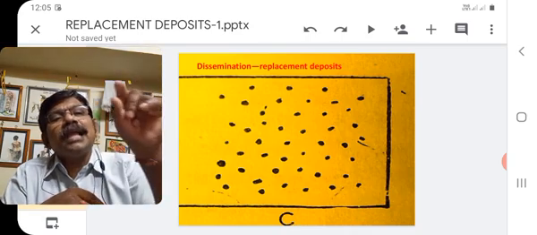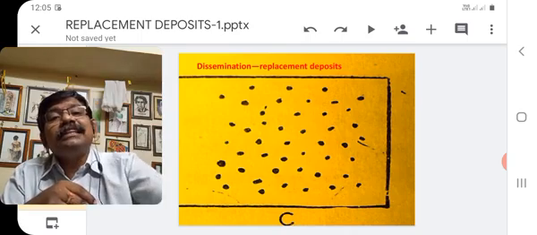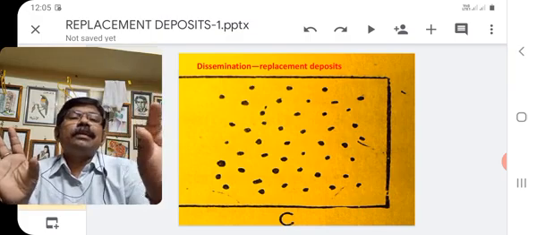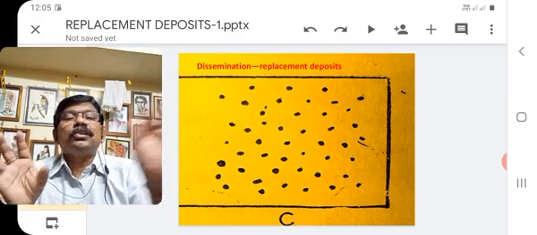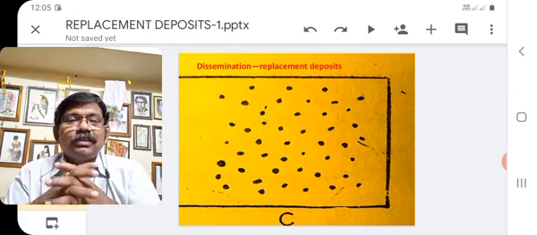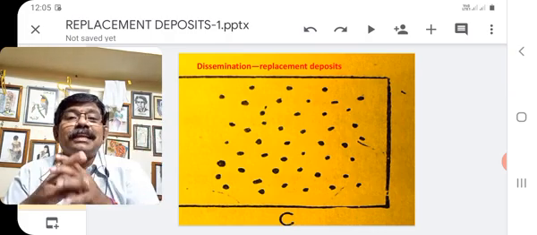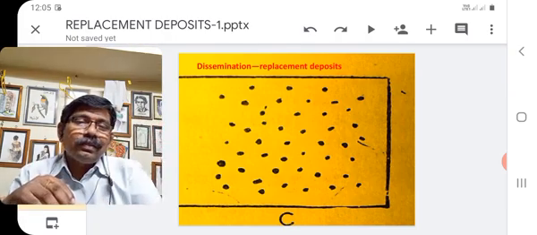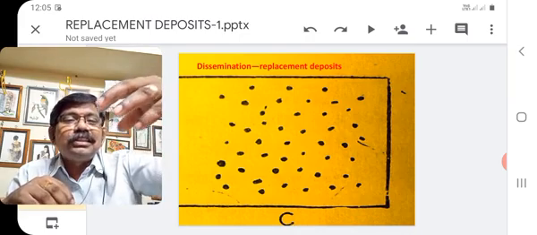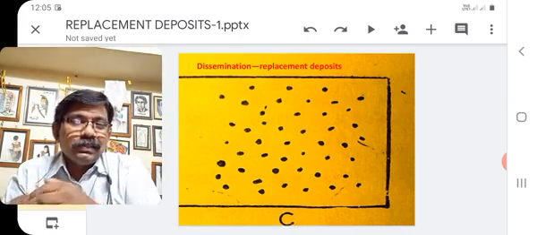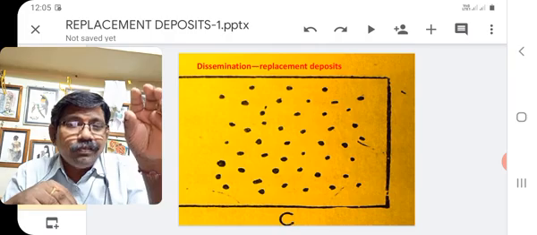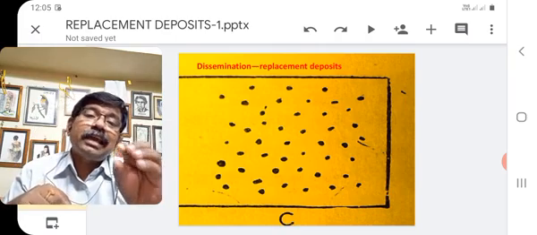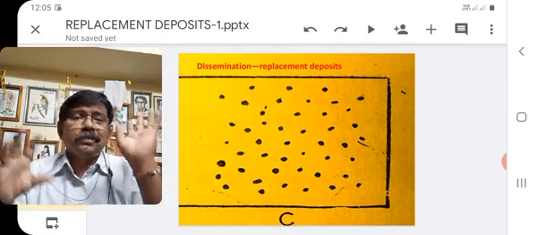We are showing these black holes. They have an internal arrangement, not external. They show just like black holes. Those are known as the pores, but it is a permeable area. When the hydrothermal solution enters this kind of rock, this rock has the characteristic of being highly permeable.